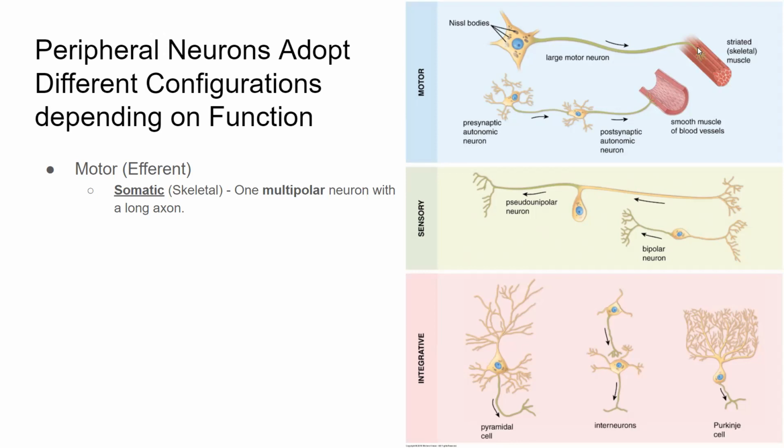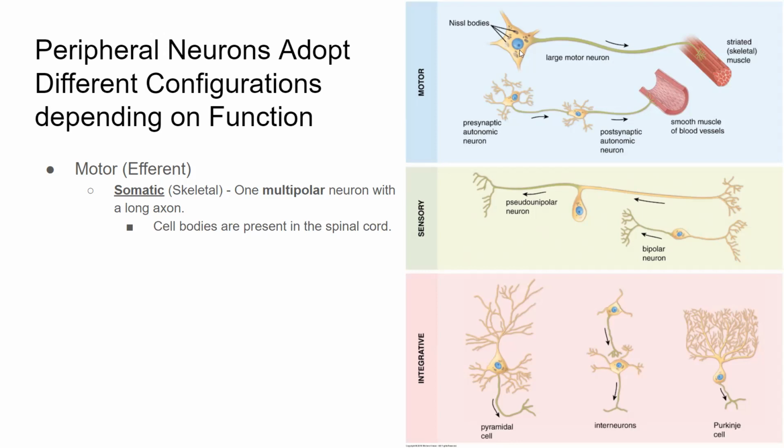I use the term multipolar. You'll hear that. What that means is you have more than one process coming off of the cell body. So you have an axon, but you also have a bunch of dendrites. They're not pictured here. But the point is one neuron coming from the spinal cord out to skeletal muscle. So the cell body of a skeletal motor neuron is in the spinal cord.